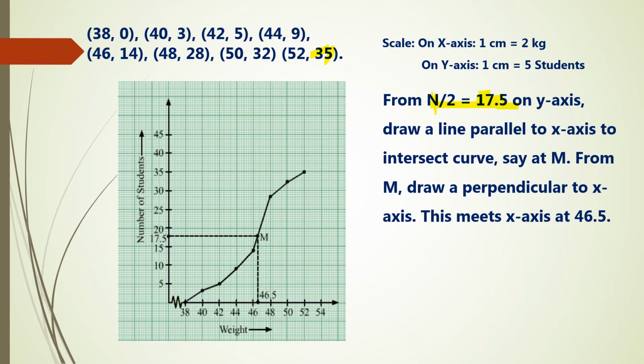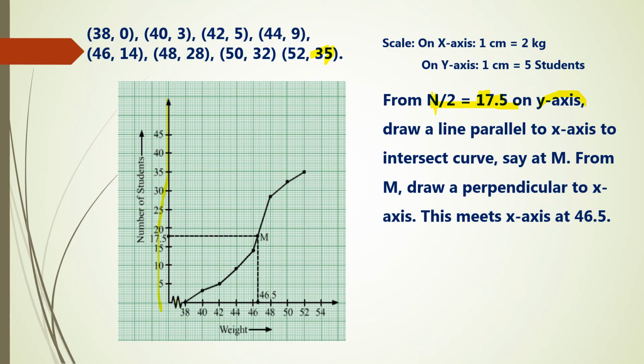You have to identify 17.5 on the y-axis. This is our y-axis. The values are 5, 10, 15, 20, and so on. Now 17.5 lies between 15 and 20, exactly in the middle.